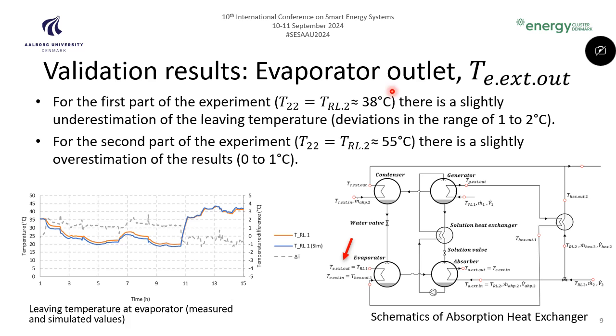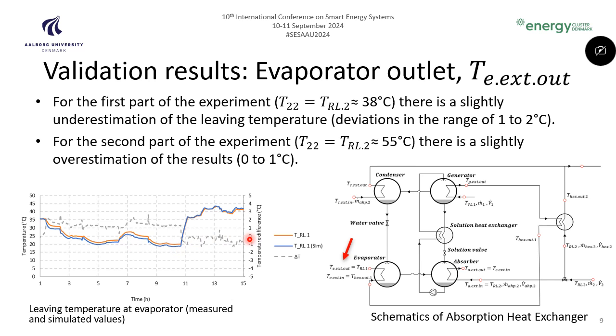I have to say that there is a deviation of 1 to 2 degrees in the first part of the experiment, where the entering temperature, the return line of the secondary side from the customers, is about 38 degrees. Here we have an underestimation of the leaving temperature at the evaporator.